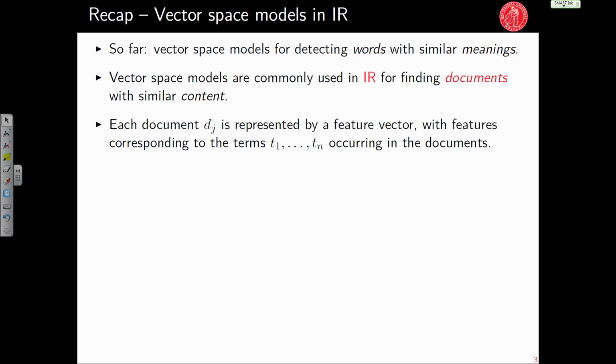Each document DJ is represented by a feature vector, but now the features correspond to the terms occurring within the document. In IR, we use term instead of word or token, which is basically words. So all the words in a web page make up the features for that document.